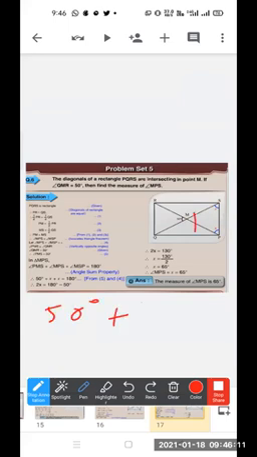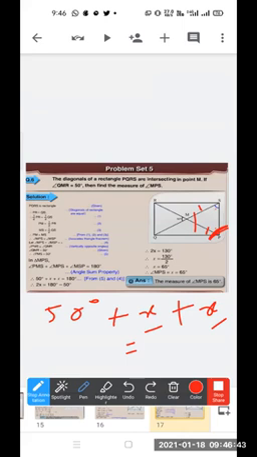Angle MPS we take as X, and angle MSP also we take as X. Why do we take both angles as X? Because these two sides are equal, it is an isosceles triangle, and in an isosceles triangle base angles are equal. By the angle sum property of a triangle, the sum of all angles of a triangle is 180 degree.